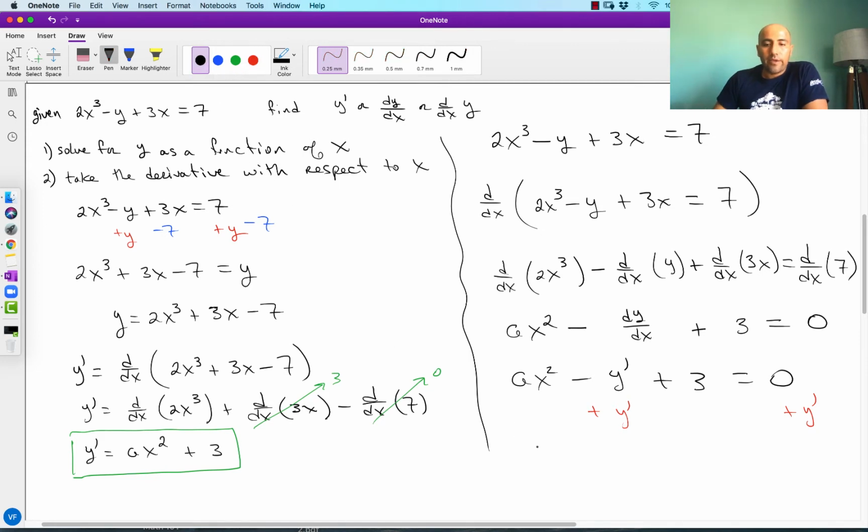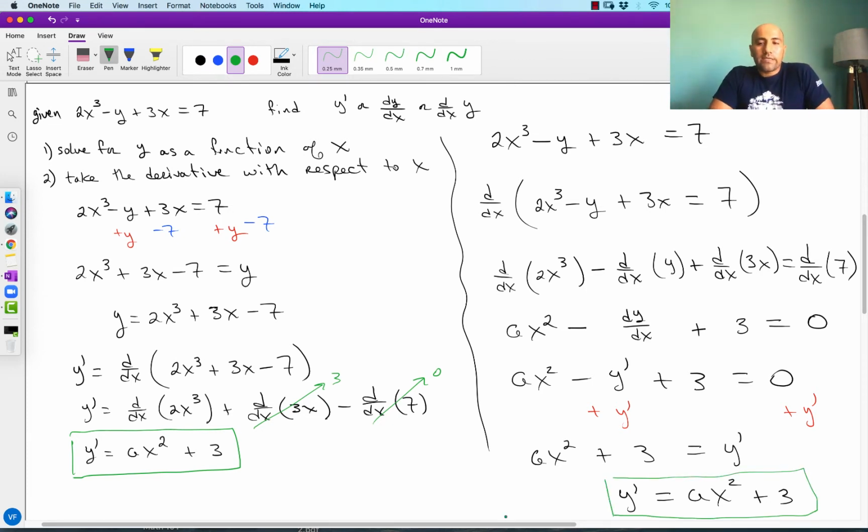And we end up with 6x squared plus 3, right, these guys cancel, equals y prime on the other side. And then if I just flip it around, I get exactly the same answer as before. y prime equals 6x squared plus 3. Same answer as before.